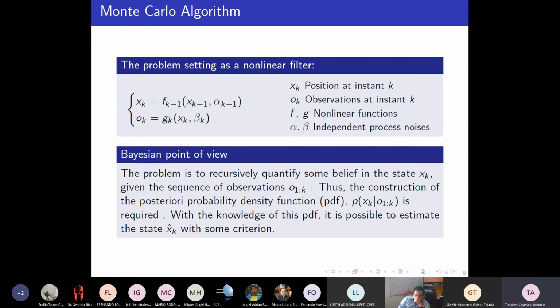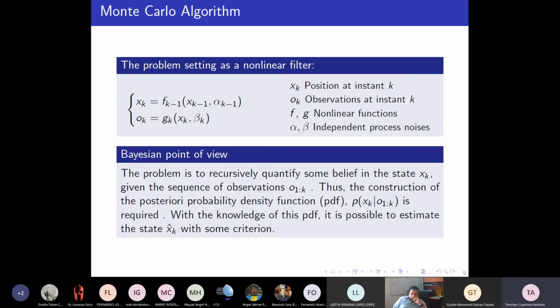In this case, xk is the position of a sensor node at instant k, and ok is the observation received by a sensor node at instant k.